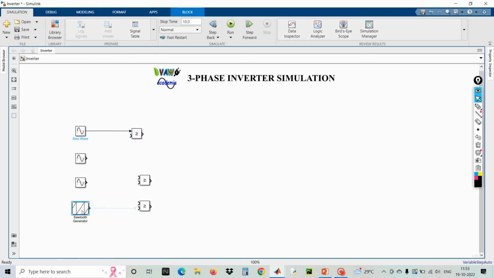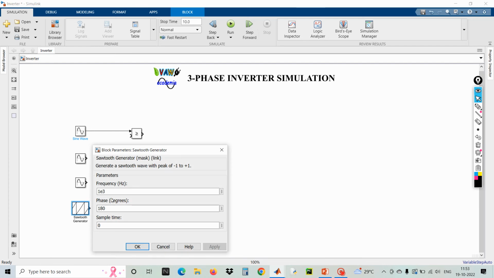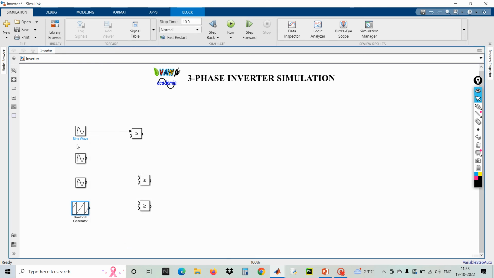The frequency of the sawtooth generator I'm using is 3 e power 3, that is 3000 Hz, the frequency of this three-phase inverter. The first sine wave is compared with the sawtooth waveform and then it will produce the gate pulses accordingly.